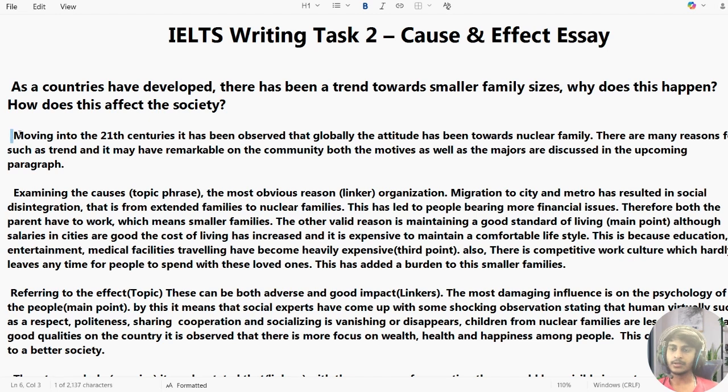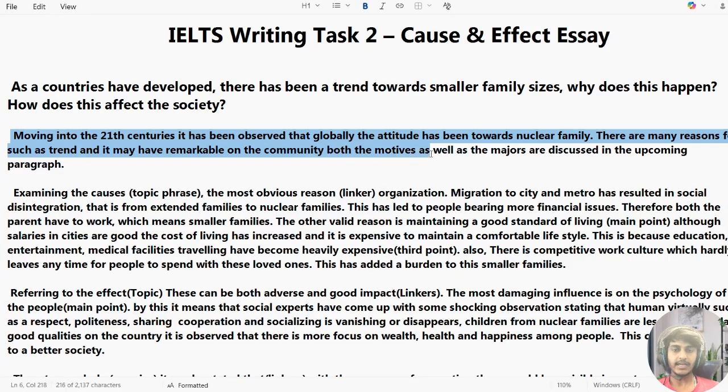Now, introduction. Moving into the 21st century, it has been observed that globally the attitude has been moving toward nuclear families. There are many reasons for such a trend, and it may have a remarkable impact on the community.